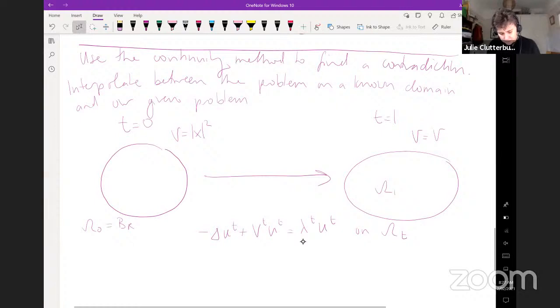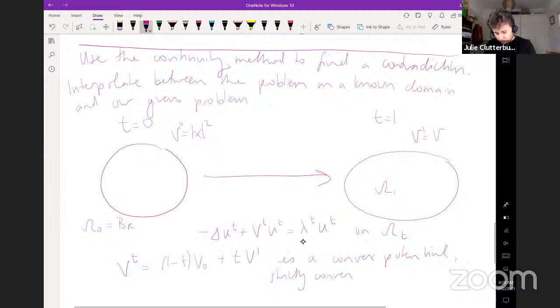And so we can interpolate the potentials in a pretty explicit manner. We can just say V_t is equal to (1 minus t) V naught, where V naught is x squared, plus t V1. And this is a convex potential, and it's actually strictly convex for t less than 1.